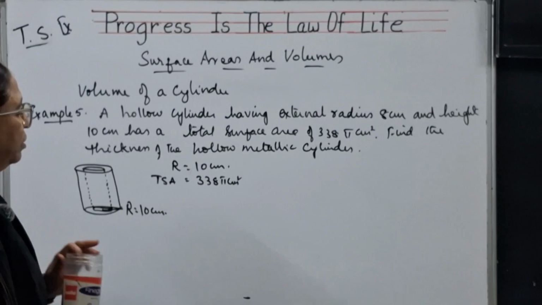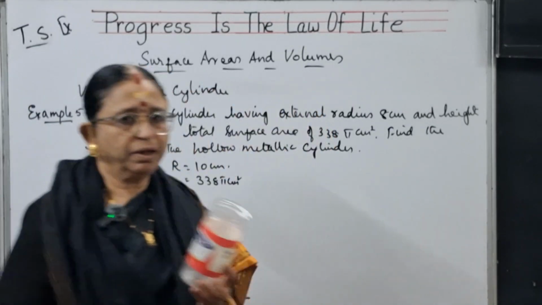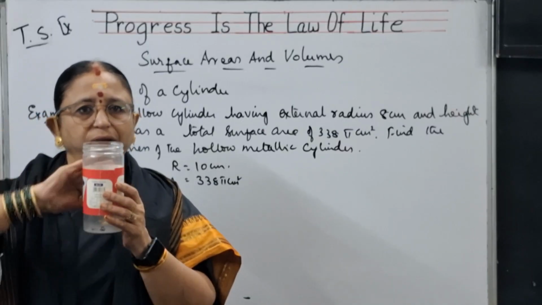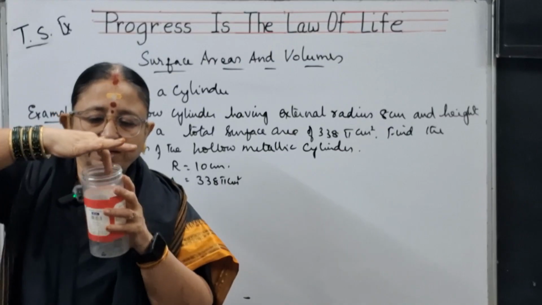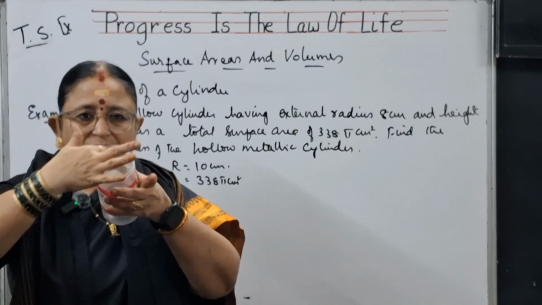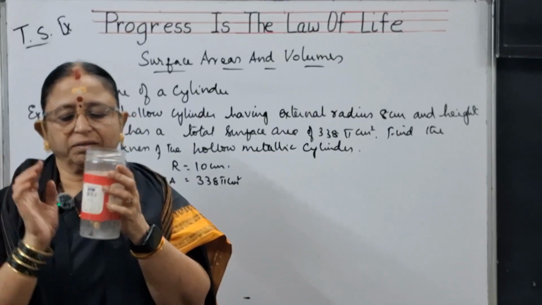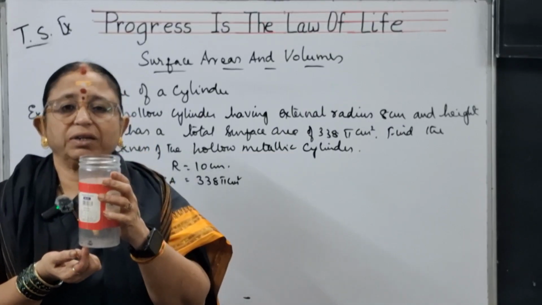So let me give you a small idea about it. Suppose this is a metallic cylinder. See children, it is having an outer cylinder, and because of this thickness, internally also there is a cylinder. But definitely the radius of the outer one is different and the radius of the inner one is different.